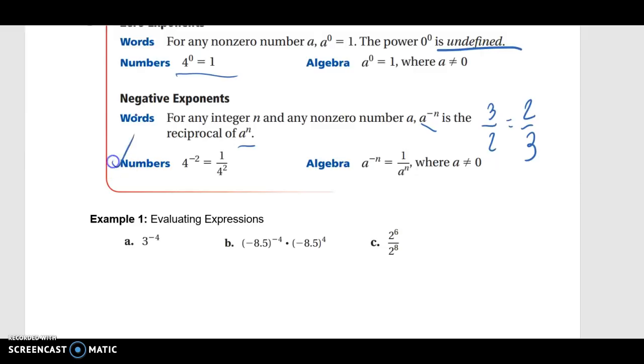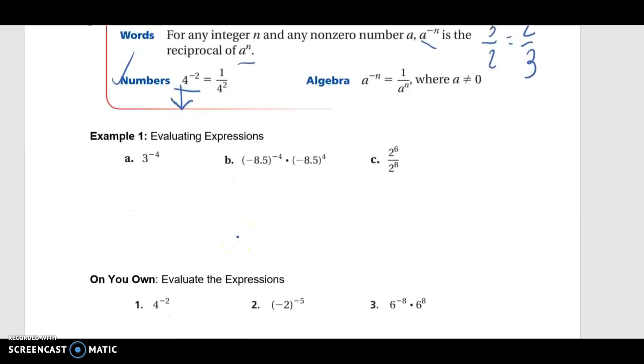If you take a look right here at 4 to the negative 2, the opposite of this would be to bring this 4 below our fraction bar line. See how we bring the 4 and our little exponent of 2 below that fraction bar line? Whenever we cross this line, whether we're bringing it from our denominator to our numerator, or from our numerator to our denominator, that exponent changes from a negative to a positive.